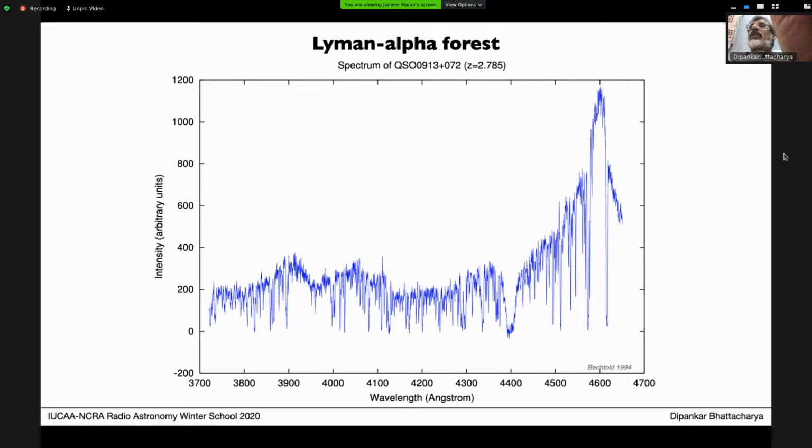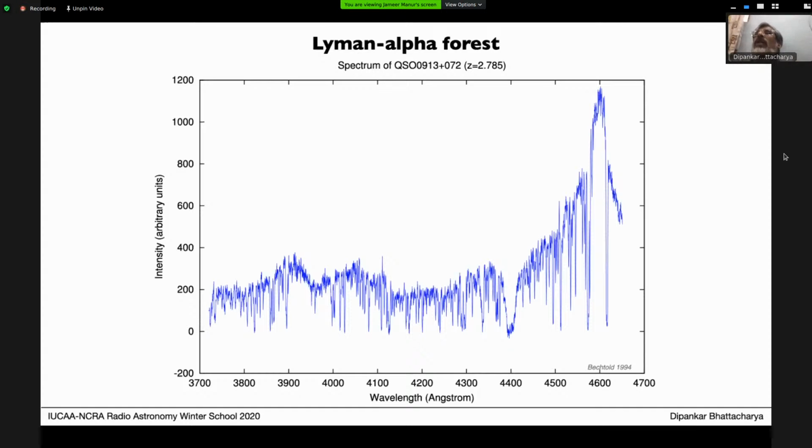The quasar produces a continuum emission over a large range of wavelengths. Now, the quasar could be sitting very far away from us, and in between the quasar and us, there are many, many hydrogen clouds, which include galaxies and so on. But since these different clouds are at different distances from us, each of them is at a different redshift.